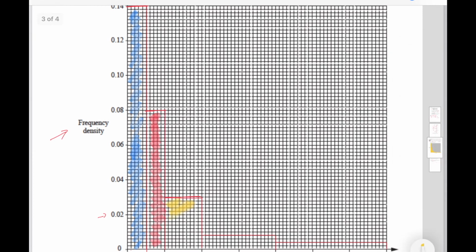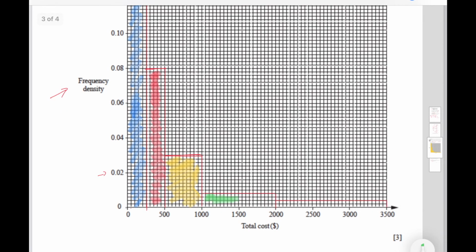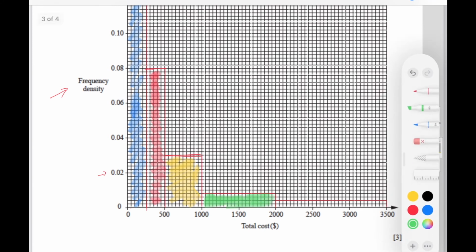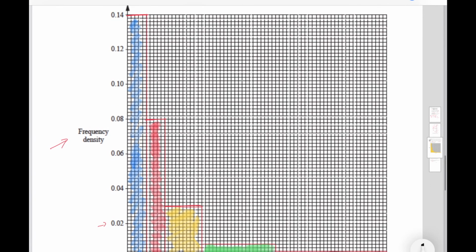This whole area is for the third one. And let's do it in another color, green. This whole area is for the fourth one. And then let's do the last one in black. This whole area right here is for the last one. So this is how our frequency density histogram looks.